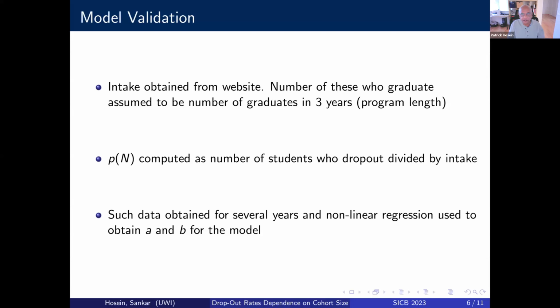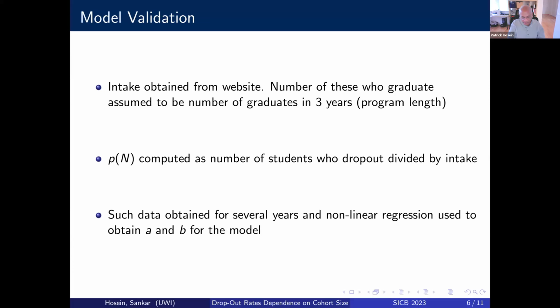So we wanted to validate this model, and so we took information. This is public information from a university's website, and of course you know which university it would be. We used publicly available data, and we were able to get the intake from the website, the number of students enrolled, but we couldn't get specific information about which student.